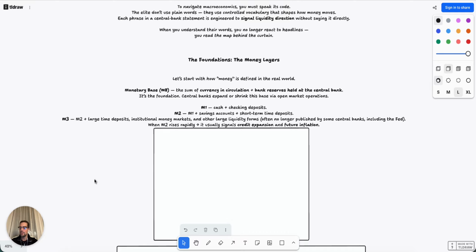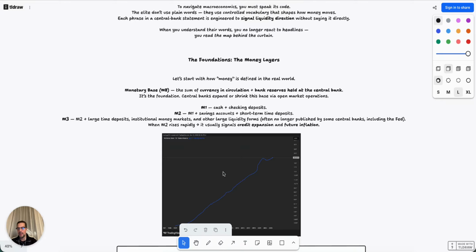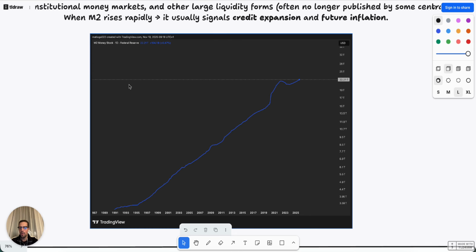Okay, and you can do that simply by looking at the M2 supply chart on TradingView, on multiple statistical websites, Trading Economics, the actual central bank page itself, all of that stuff. This is an example of M2 money stock from the Fed, and as you can see, it's a pretty straightforward thing, right?